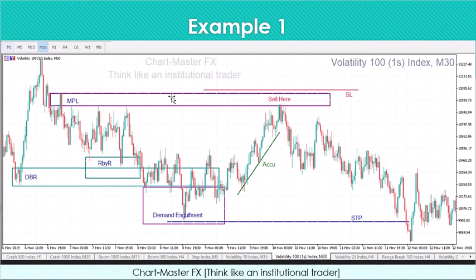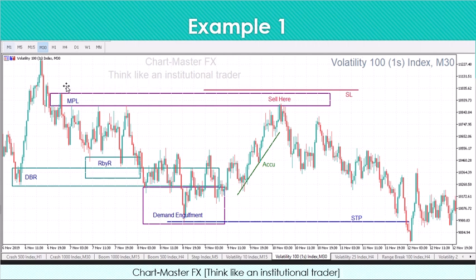As the price reached this MPL, the price dropped. If you put your stop loss here, your risk will be too much. Once you see that the MPL is far away from the higher high here, you can just put your stop loss just above the MPL.